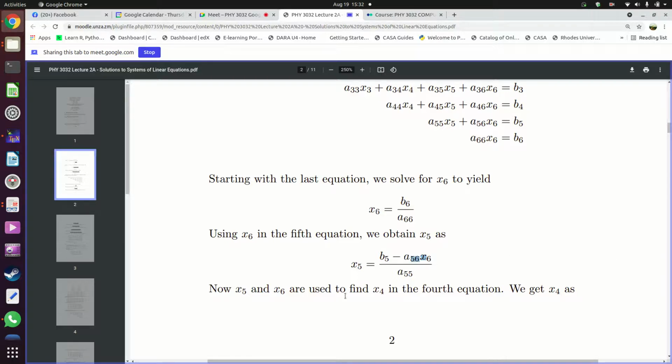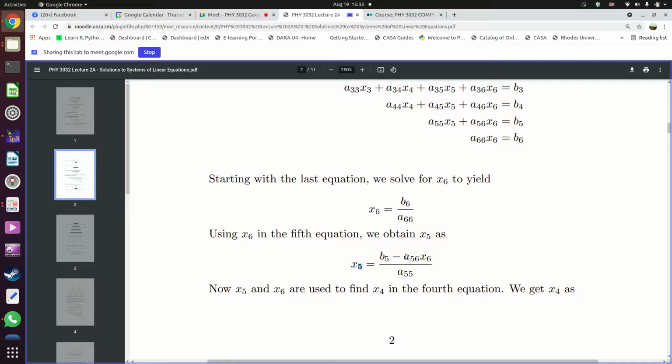The next solution we are supposed to find is x4. So x4 will start with b4 minus a44, divided by a44 at the bottom here. Then you have a minus. Then the value of a, the row, will be the same as the x value.